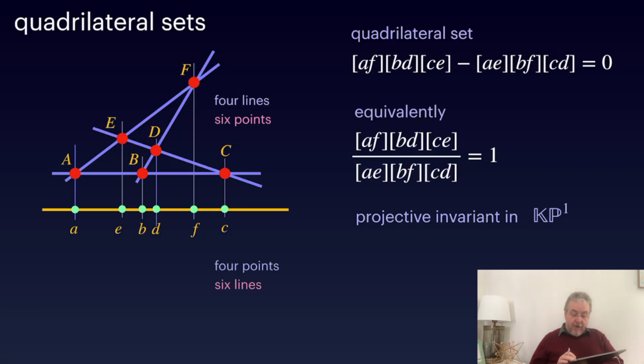There's also a configuration of 4 points and 6 lines that gives the same points, and what you get here is, well, now you don't start with 4 lines, but you start with 4 points. Instead of forming all points of intersections, you form all connecting lines and intersect them with our yellow line, and you again end up with a quadrilateral set.